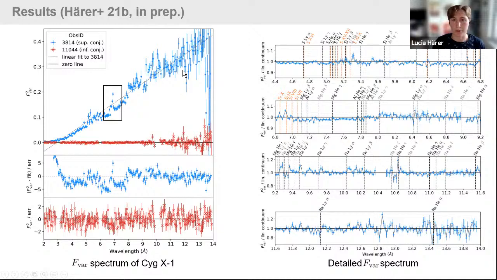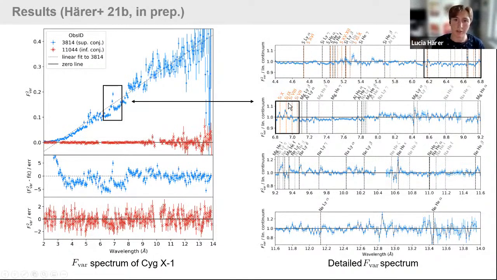Going back to the results, we can now look at this superior conjunction observation in more detail. This now shows the results relative to the continuum, with the lines from the Hirsch et al. study highlighted in orange, and the lines from the other papers of the series highlighted in black and gray.